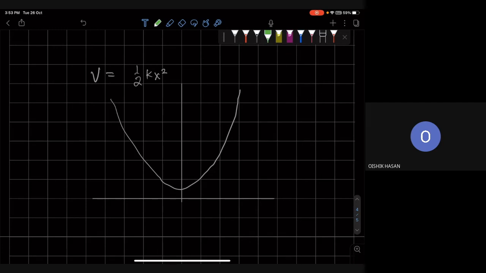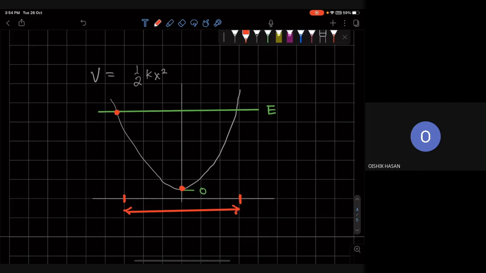So this is the potential, right? So this should be 0. Suppose this is the total energy of your system, E. Then the kinetic energy is the highest at this point, classically, and it's 0 at this point, right? So as you can see, the particle cannot escape this region. In other words, it's a bounded system.